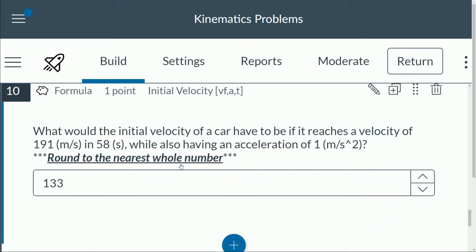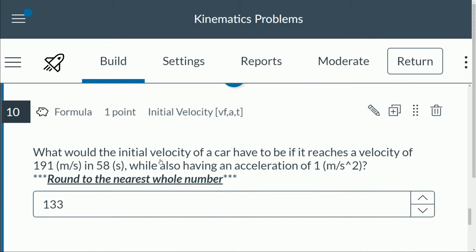Yeah, the numbers are going to be different, but the rest of it should be the same. What would the initial velocity of a car have to be if it reaches a velocity? The numbers are different for every person, but does the rest of the problem look the same, while also having an acceleration of a different number?